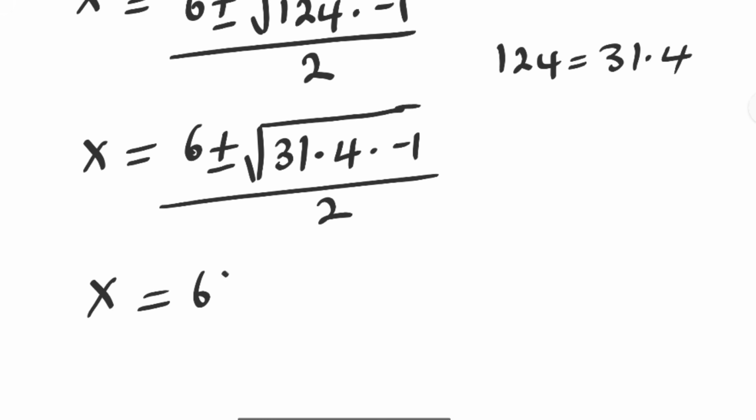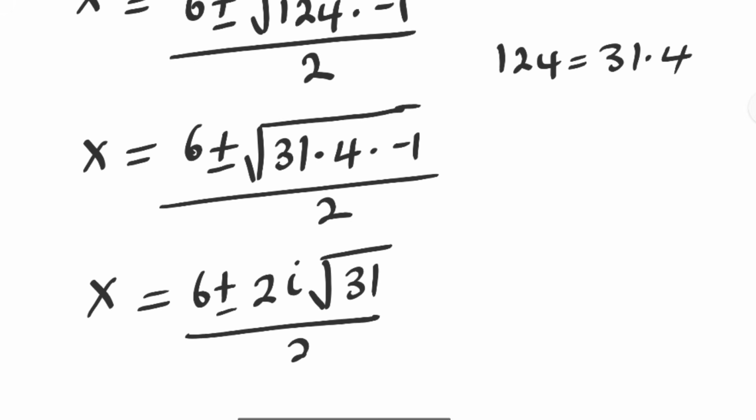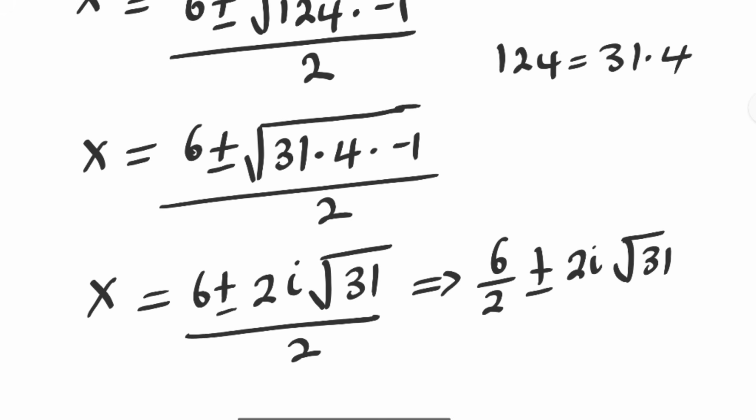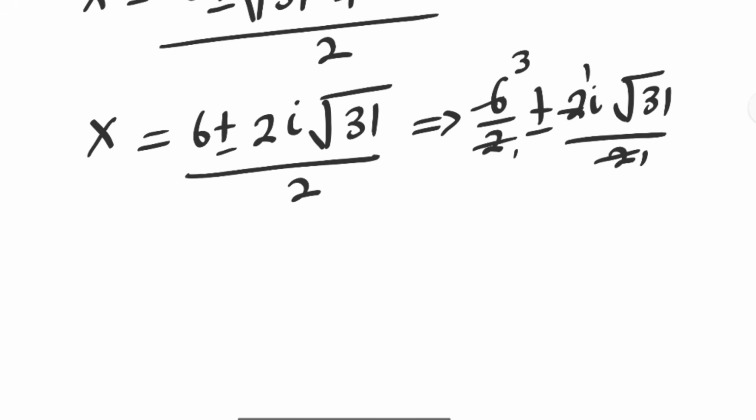x is equal to 6 plus or minus square root of 4, which is 2, square root of minus 1 is i, root 31, divided by 2. This can be written as 6 divided by 2 plus or minus 2i square root of 31 divided by 2. 2 here 1, 2 here 1, 2 here 3. x is equal to 3 plus or minus i square root of 31.